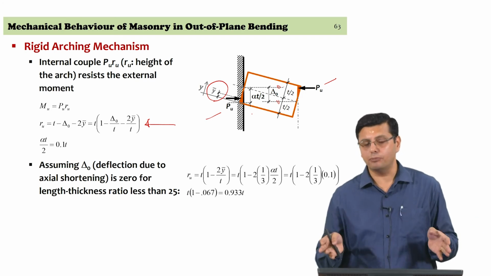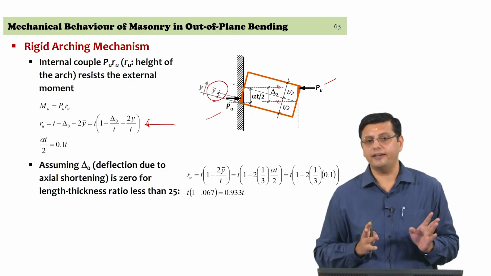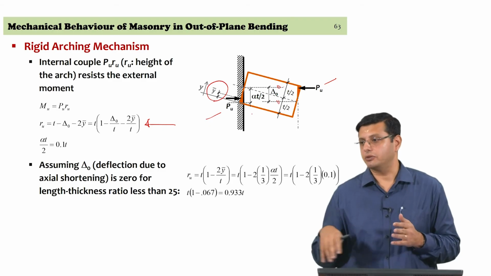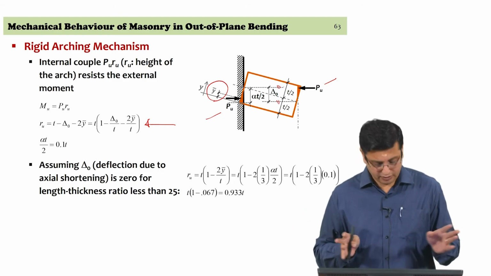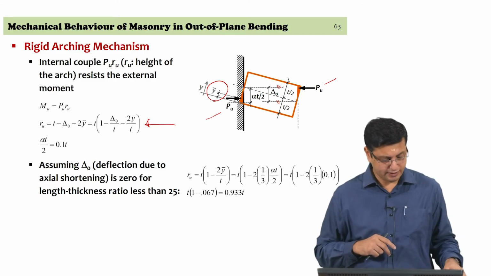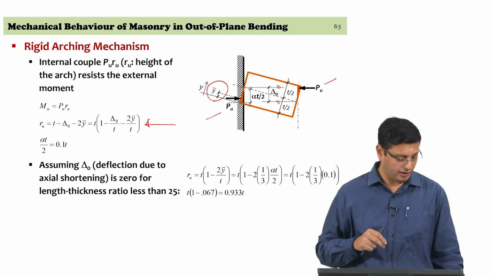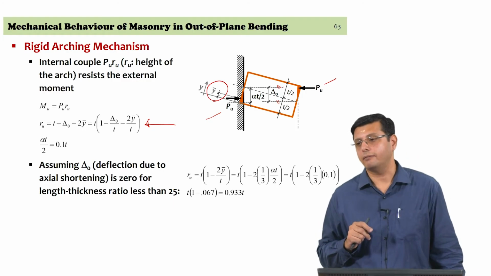Now, the deflections are small, and so this axial shortening is not expected to occur, which is a fairly good assumption if the length to thickness ratio, in this case the slenderness ratio, is less than 25. So, this is again an important assumption that we make. If you want to make a rigorous solution, you will have to then account for any shortening because of the deflected shape.